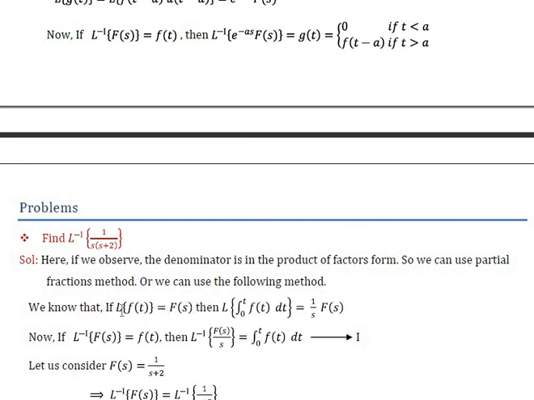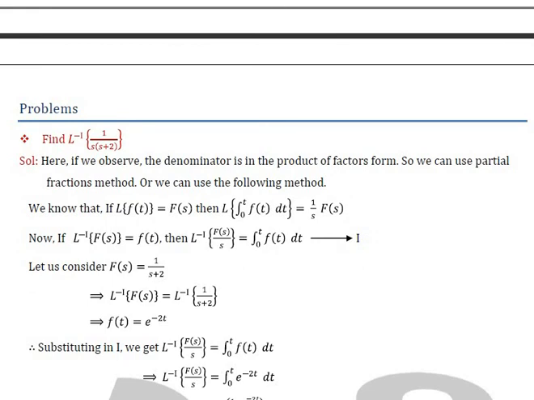What is the following method? If L of f(t) is f(s), then L of the integral from 0 to t of f(t) dt equals 1 by s times f(s). That is the division method. So if L inverse of f(s) equals f(t), then L inverse of f(s) by s equals the integral from 0 to t of f(t) dt. Here consider f(s) equal to 1 by s plus 2.